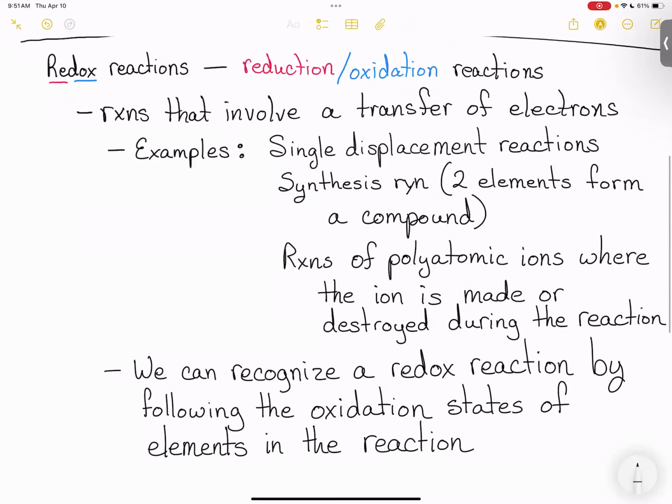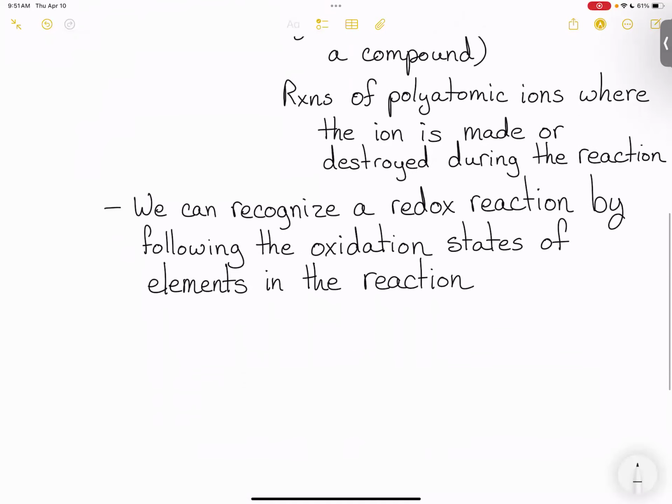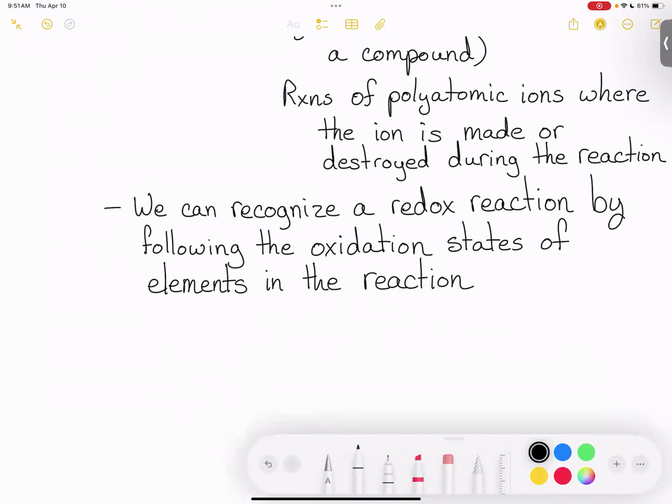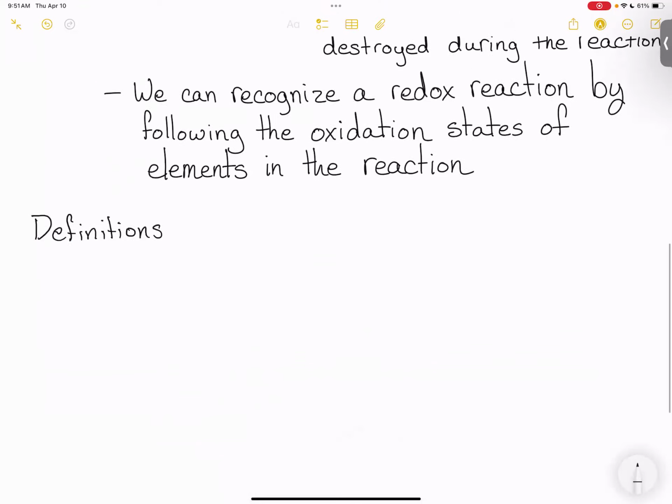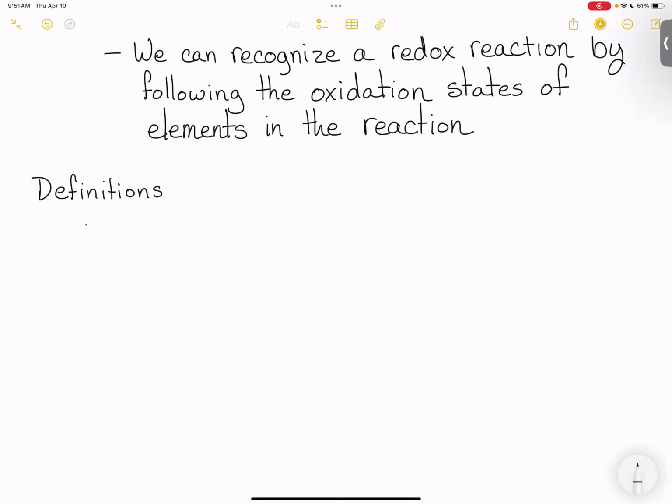Now, some definitions. The first is the element oxidized.